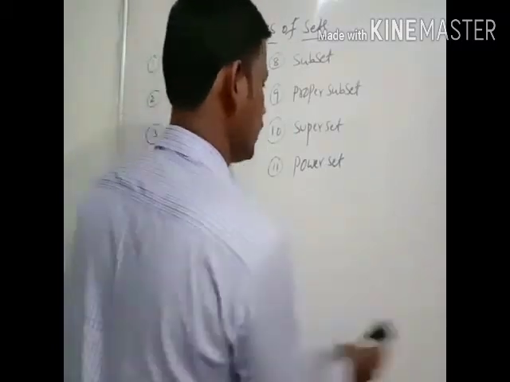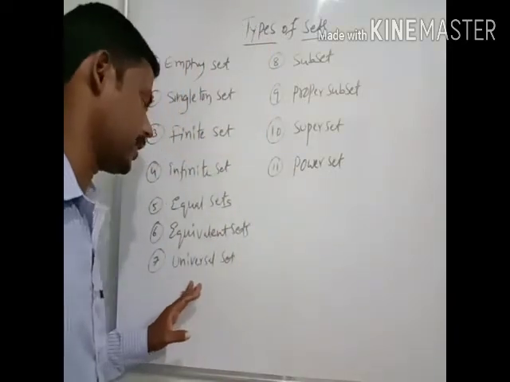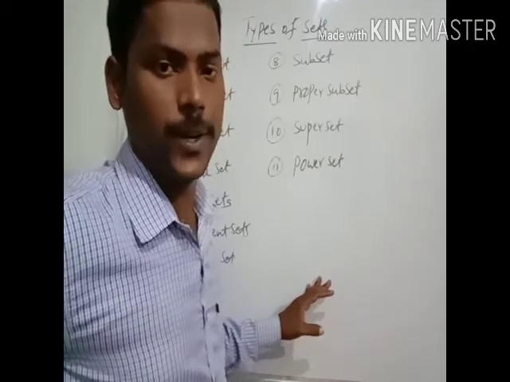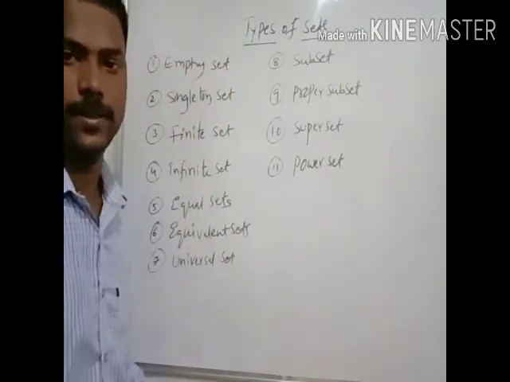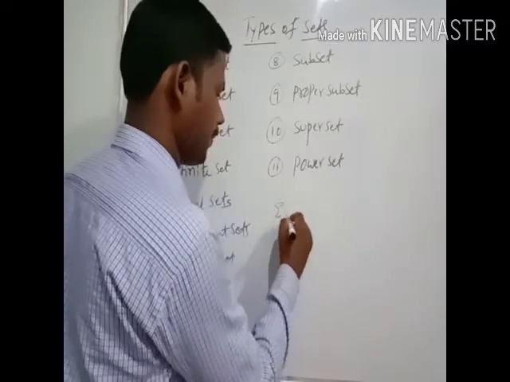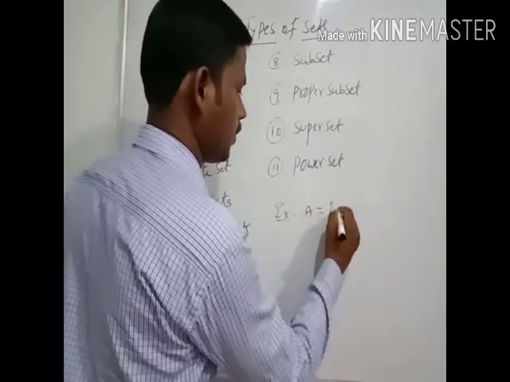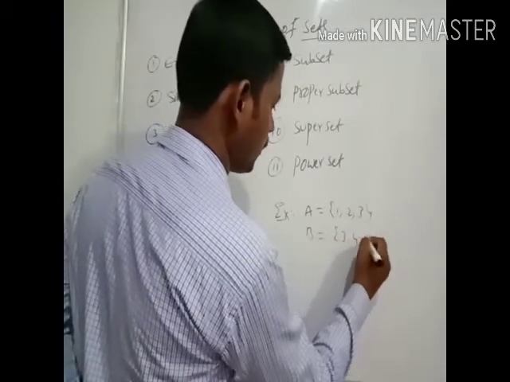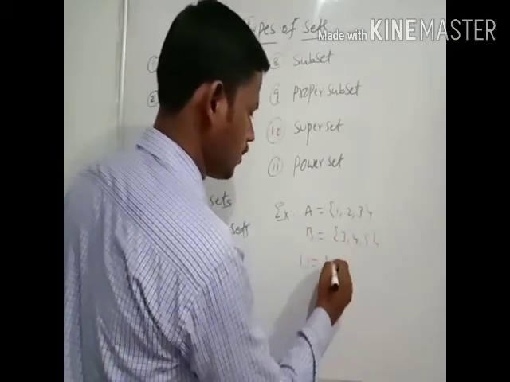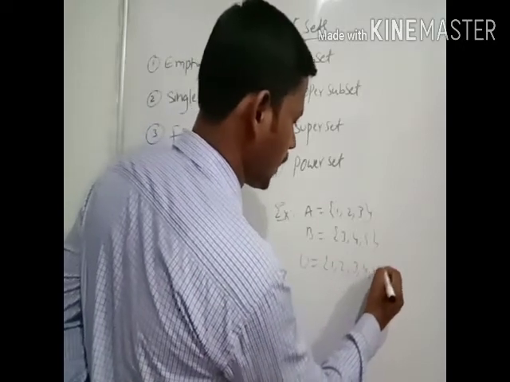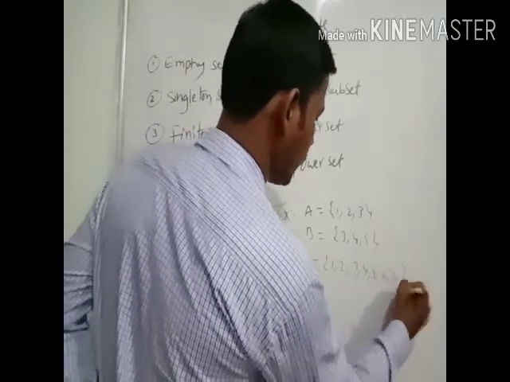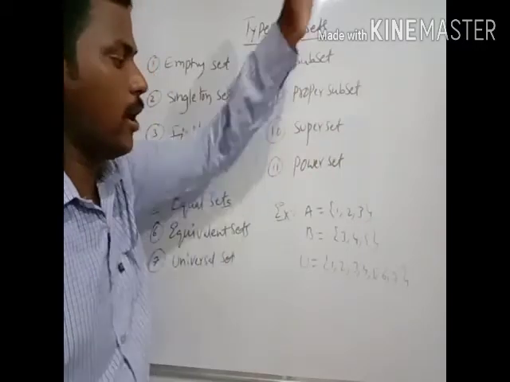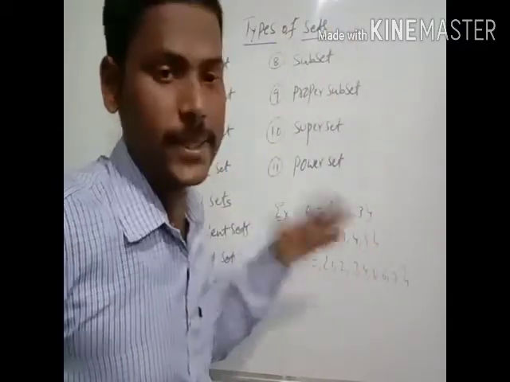Okay. Next, universal set. A universal set is nothing but the set defined for a particular condition. For example, A equal to {1, 2, 3}, B is equal to {3, 4, 5}, U is equal to {1, 2, 3, 4, 5, 6, 7}. That means the universal set contains all the elements of the other sets.